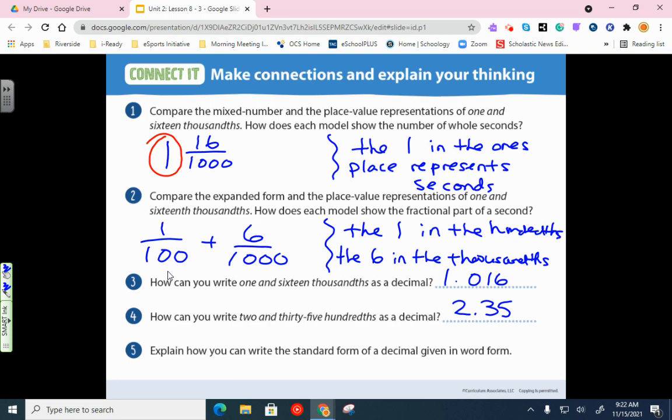Step 1, write the whole number. Step 2, and equals decimal.